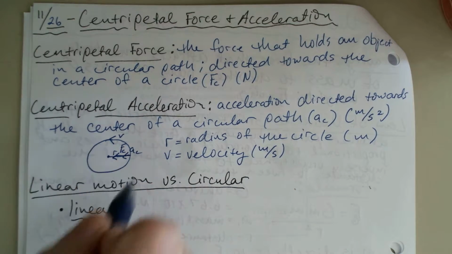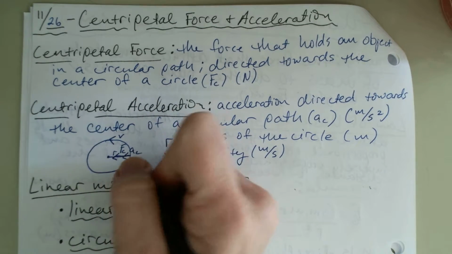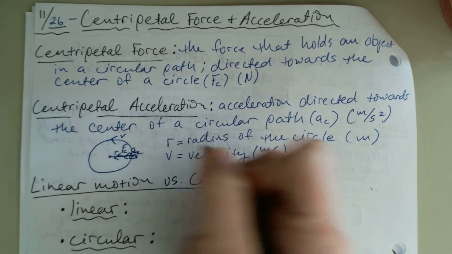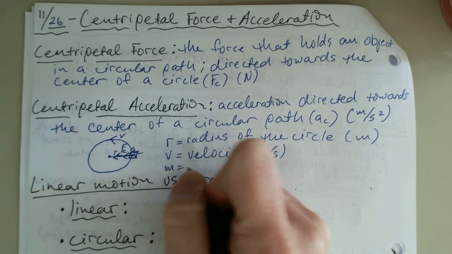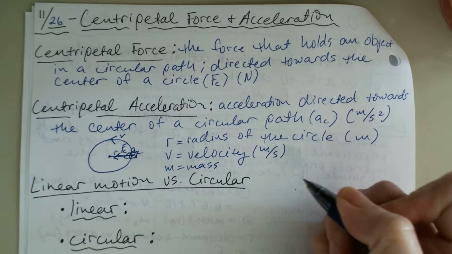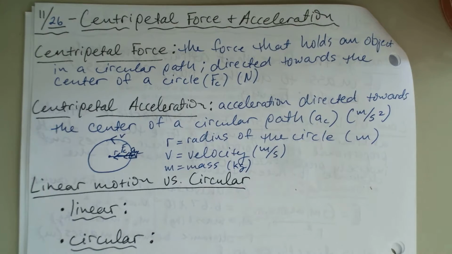So if it's going around and around in a circle, what's keeping it in a circle is the force that's aimed at the center of the circle and the acceleration due to that force, because force is equal to mass times acceleration. The thing that's traveling, we'll call it m, where m is the mass of whatever is going around and around in the circle, and mass is in kilograms.